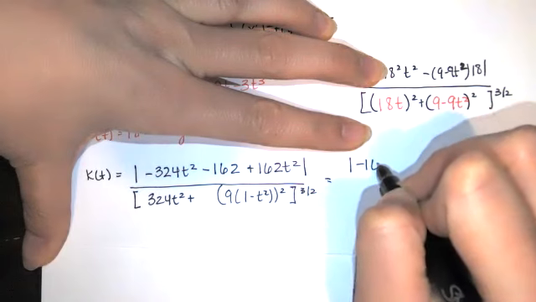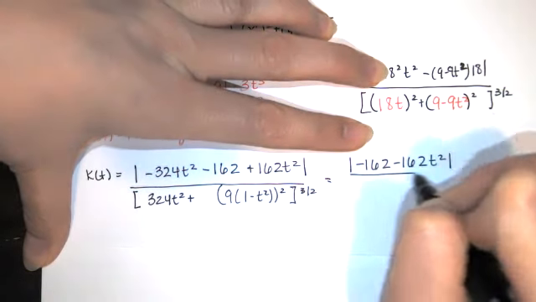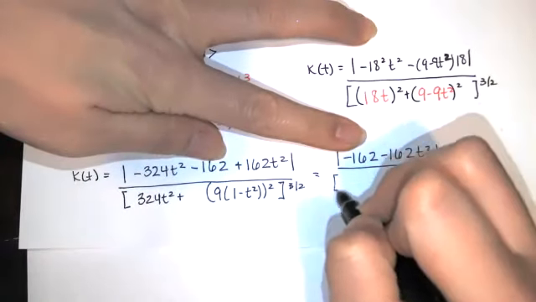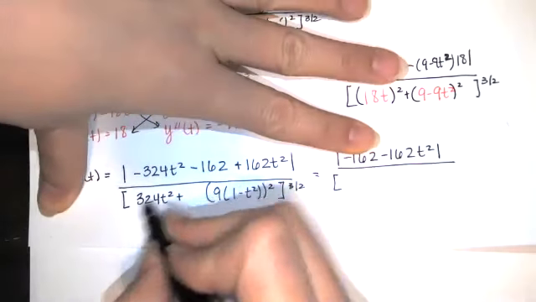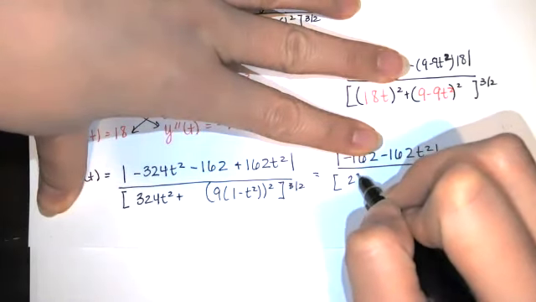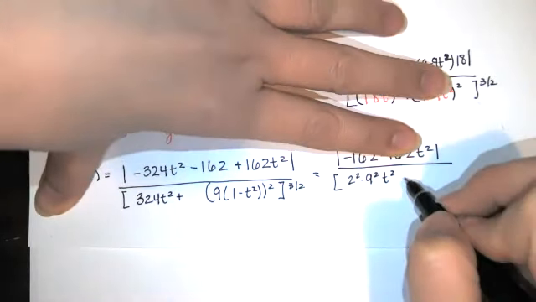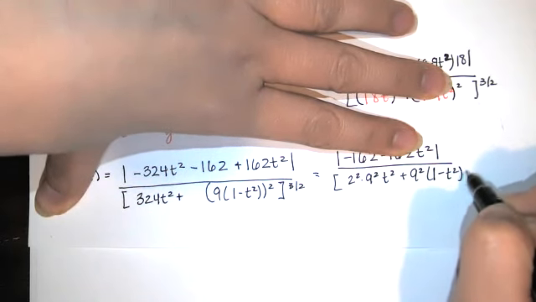So we end up with negative 162 minus 162 t squared all over this. And I think I might write this differently again as well, because I know I'm going to have a 9 squared here. This is 18 t squared. So I'll write that as 2 squared times 9 squared times t squared. And then over here I have a 9 squared times a 1 minus t squared quantity squared.